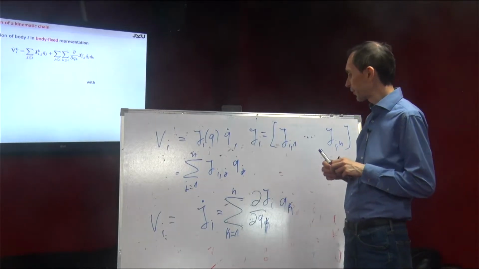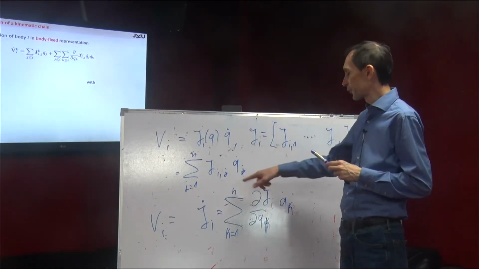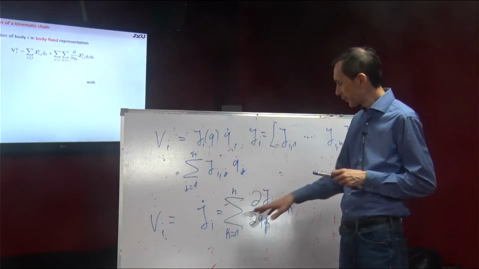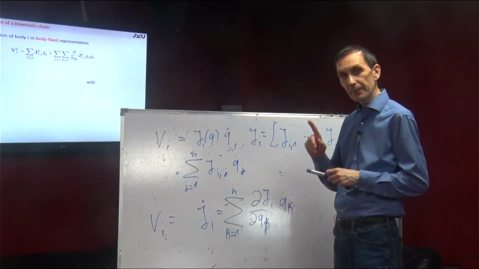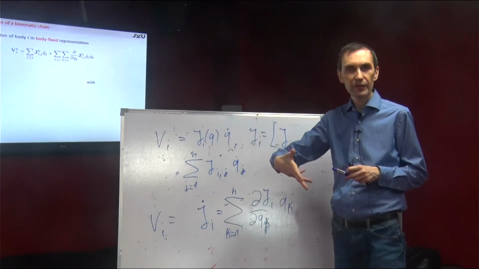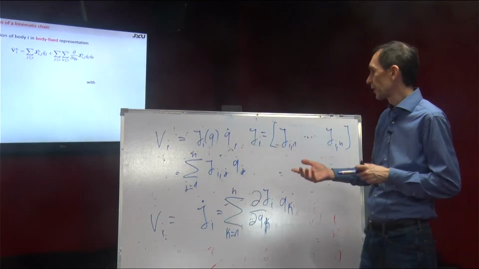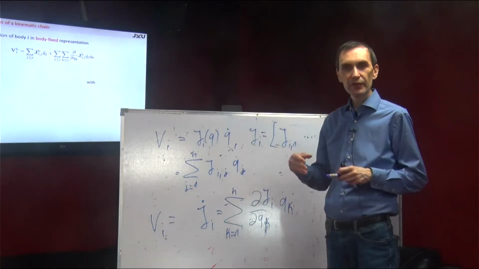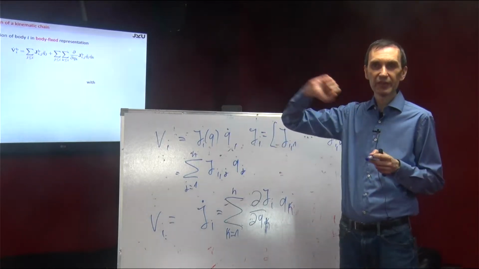Yes, I mean, this is correct. But the question is, do we have to go until n? Do we have to take the partials of J_I, this is the Jacobian of body I, with respect to all the joint angles? So which leads us to the question, on which joint coordinates does the Jacobian of body I in the kinematic chain depend?